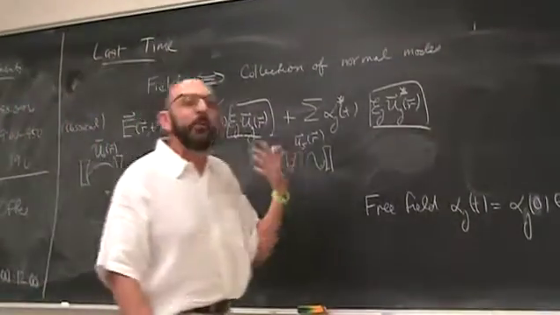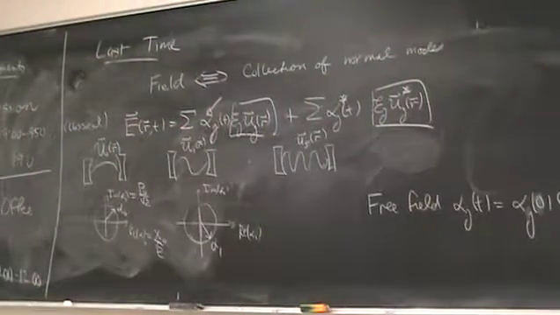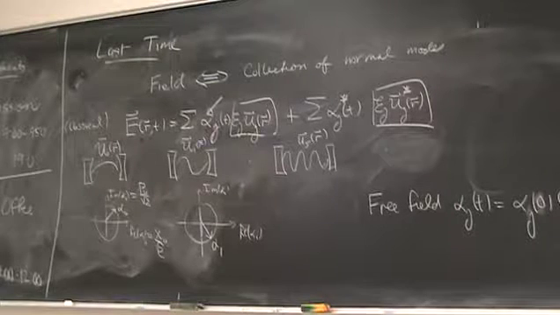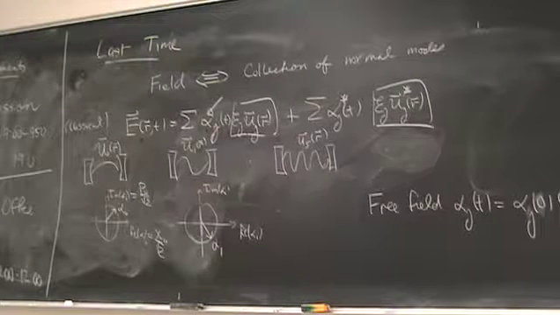That's still what we would call a classical field. But it's a classical field for which we don't have complete information. And so we would put some probability associated with those.